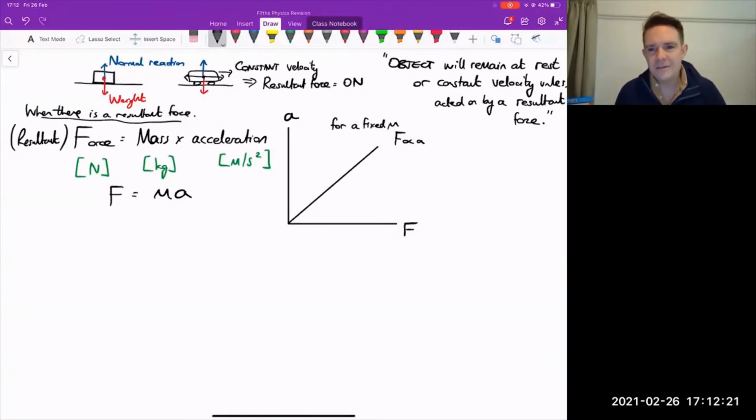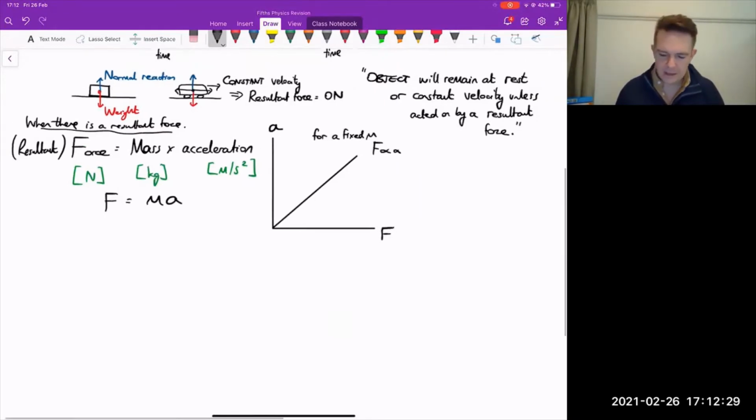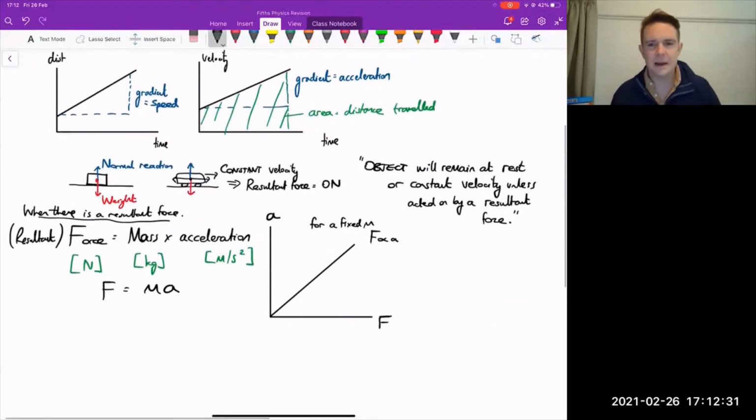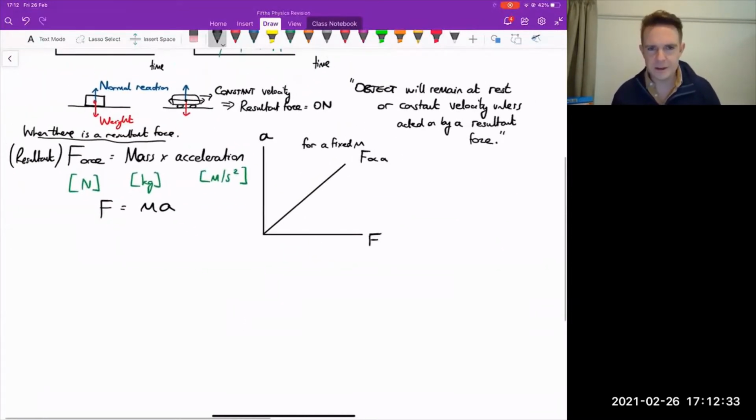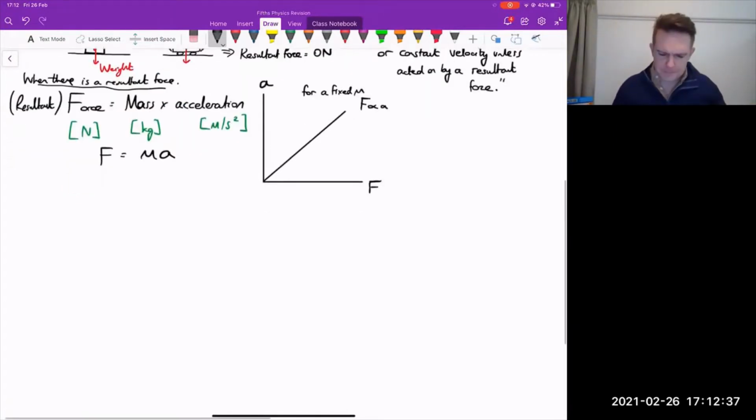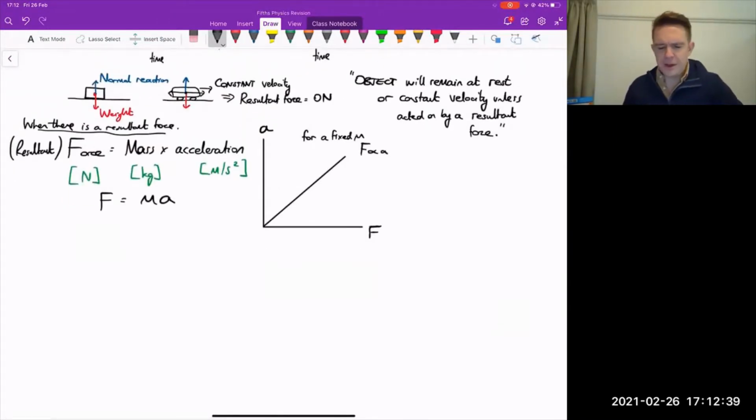If you double F, you double your acceleration. If you triple F, you triple your acceleration. So you see direct proportionality. It's amazing how it turns up so regularly. Why does the universe behave in such a simple way? Hopefully that makes sense.